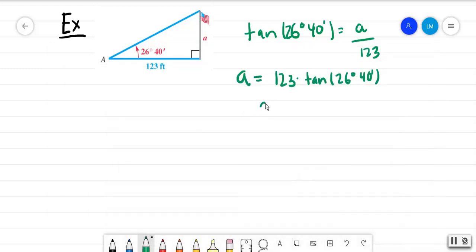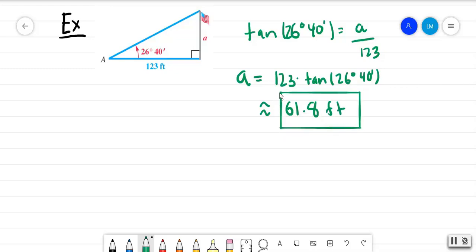So we see that 61.8 feet is the height of the pole. In this case, we're just using 3 significant digits, because of the fact that you have 123. So we'll just use 61.8 feet.